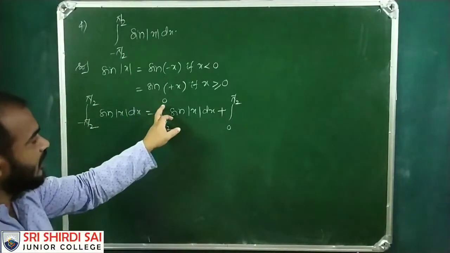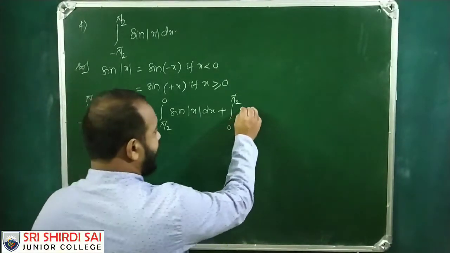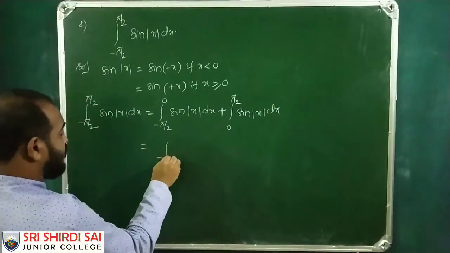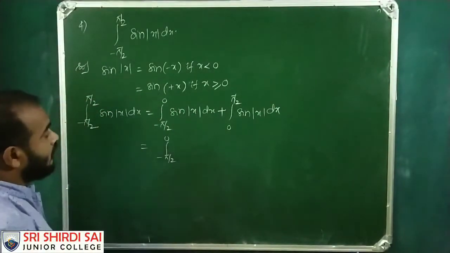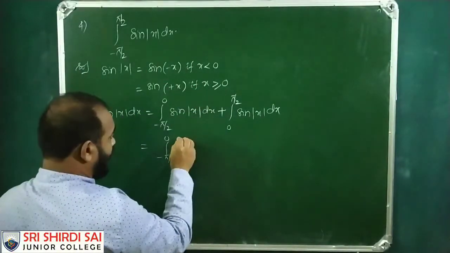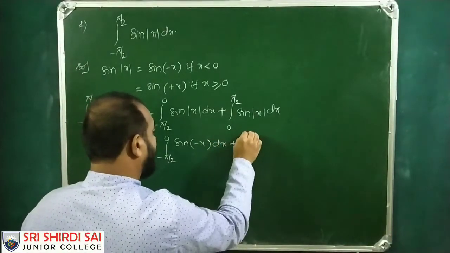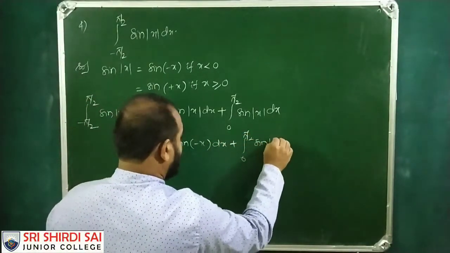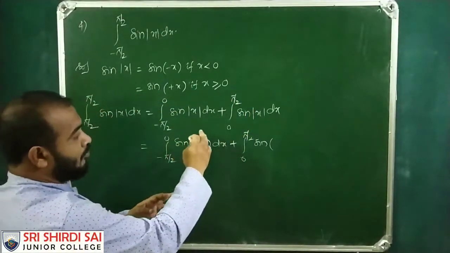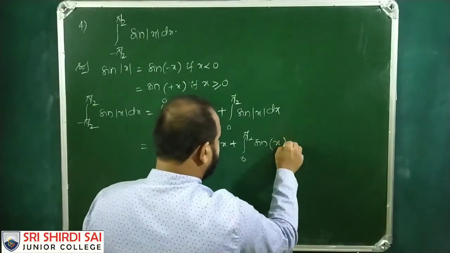So c is 0, in between minus pi by 2 and pi by 2. So this is the integral of sin modulus of x dx from minus pi by 2 to 0, where x is less than 0. This will be sin mod x is sin of minus x dx, plus the integral from 0 to pi by 2, where x is more than 0 and positive, so sin x dx.